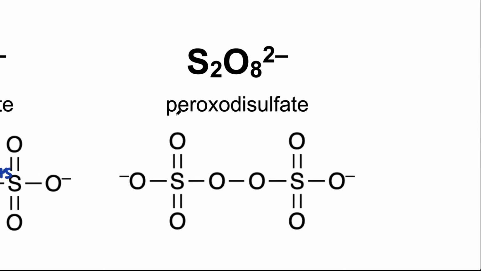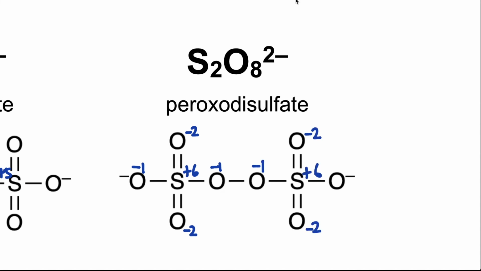In the peroxodisulfate ion, sulfur here, we give it +2, oxygen -2. In the same way, sulfur here +1 and oxygen -1. Between sulfur and oxygen, also +1 and -1 here. So if we add up all of it, we find that the oxidation state of sulfur is +6.